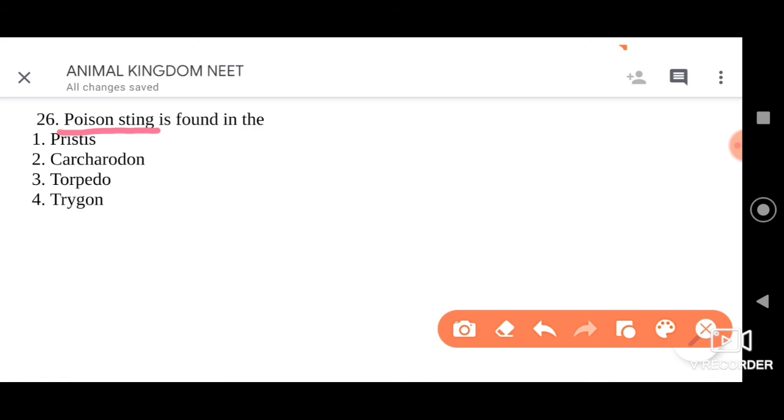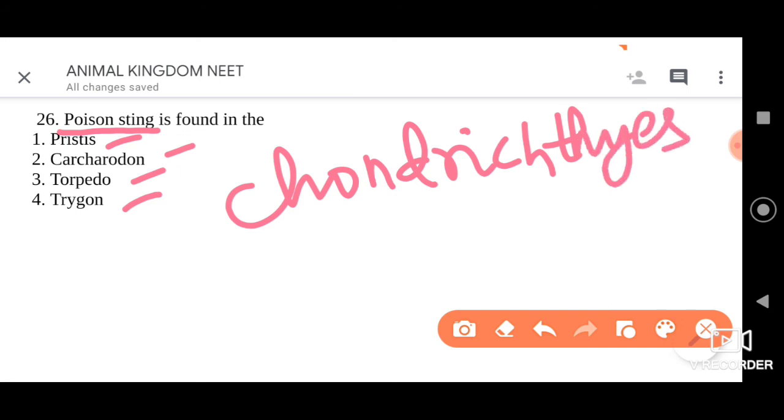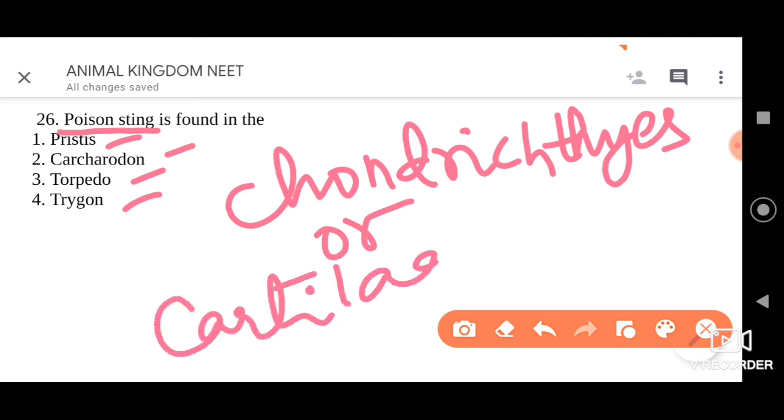Here it is very clear that Pristis, Carcharodon, as well as Torpedo and Trigon, the options which have been given, all these are chondrichthyes, or we can also call them cartilaginous fishes.